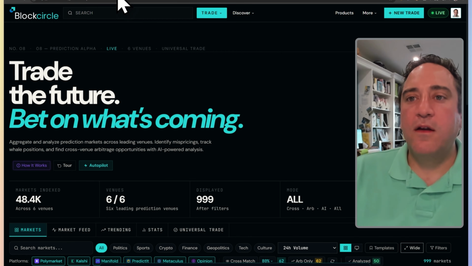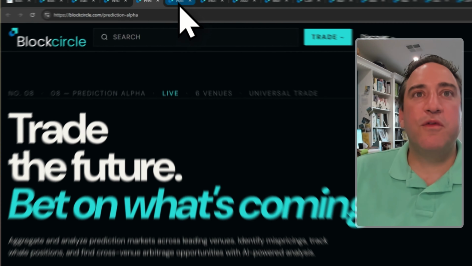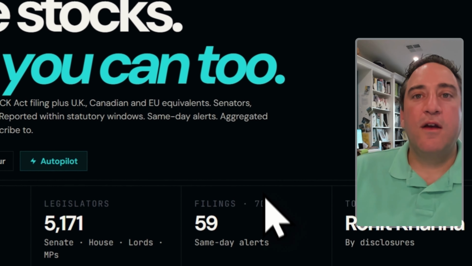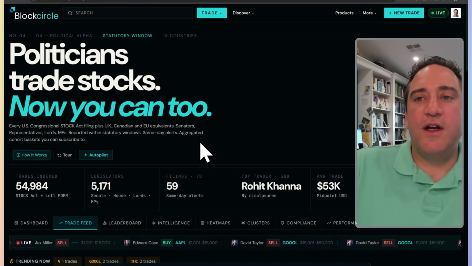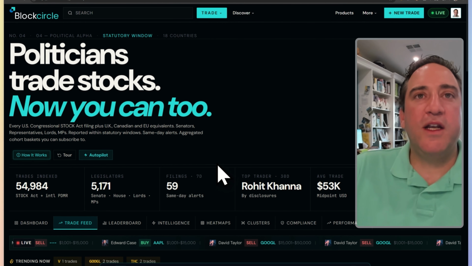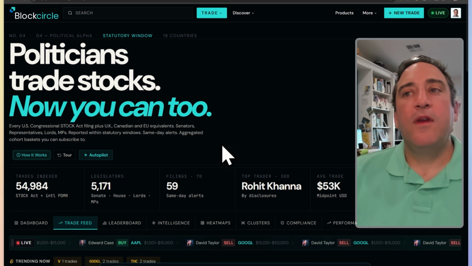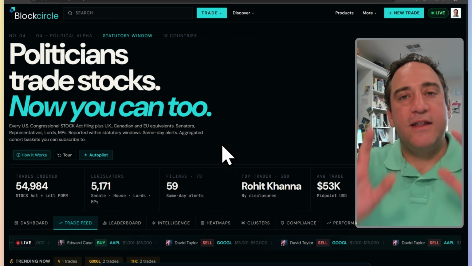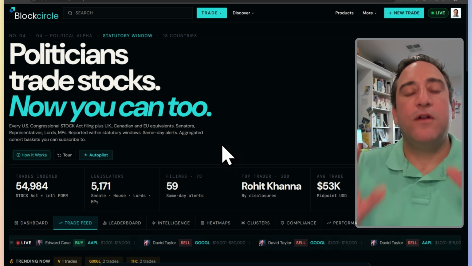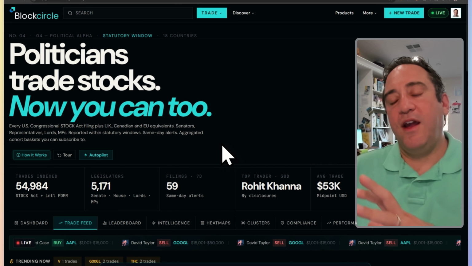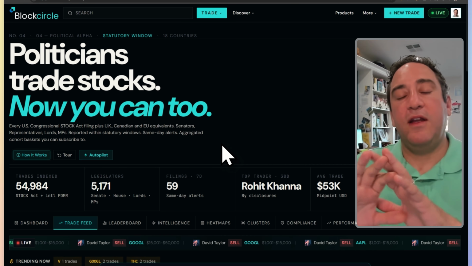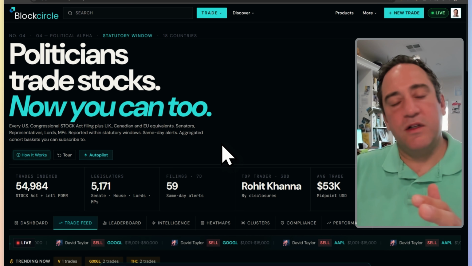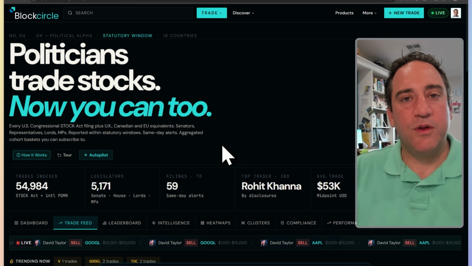The next one that I want to go through is the political alpha. The way that it's being done right now is we are literally scanning every single filing from every senator and congressman and congresswoman across the entire United States, and we're adding more countries as much as the data is available to us.